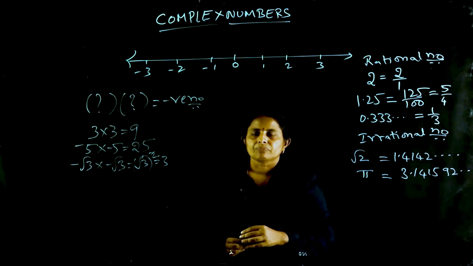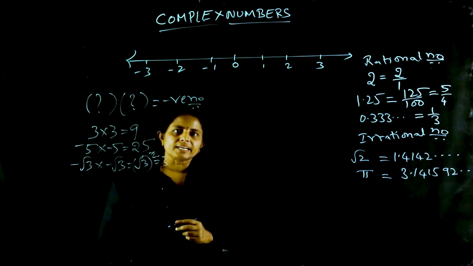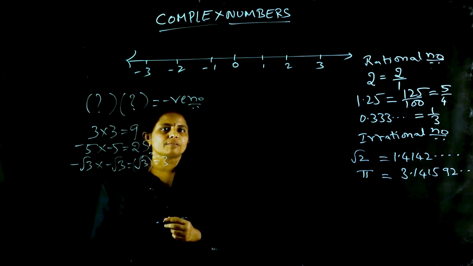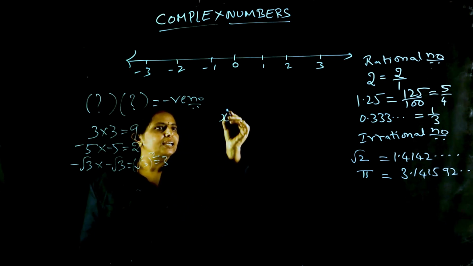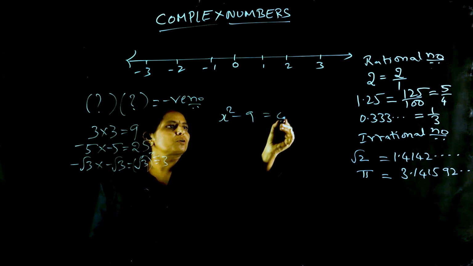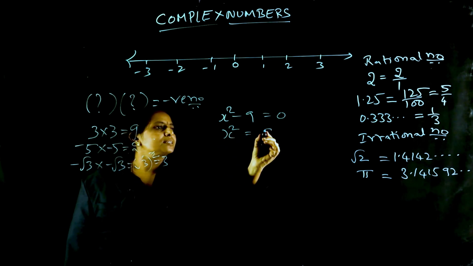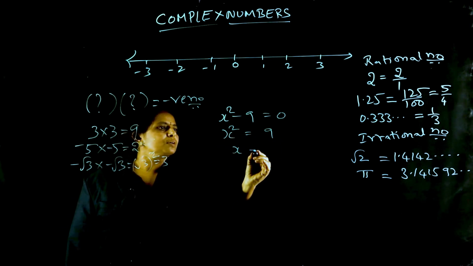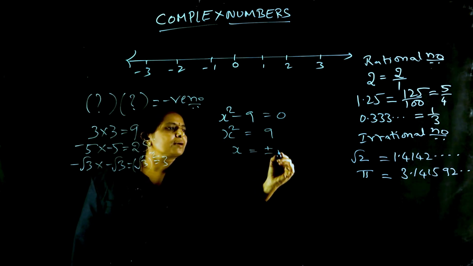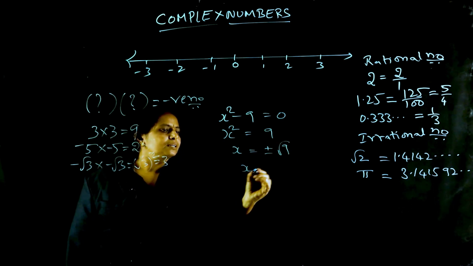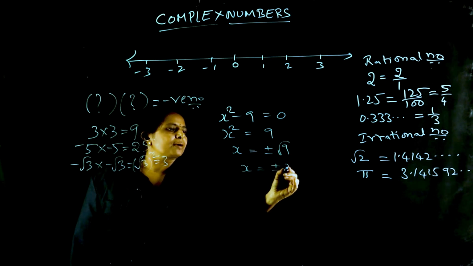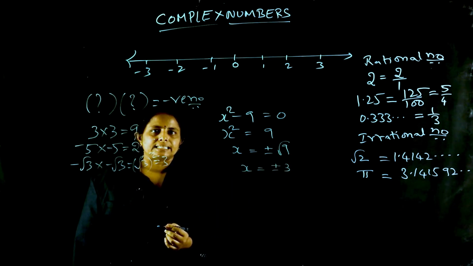So we can conclude that the square of any number, whether it is negative or positive, our result will always be a positive number. Now in quadratic equations, we have solved some equations like x square minus 9 equal to 0. If I solve this equation, x square is equal to 9, then x will be equal to plus or minus under root 9. Then x is plus or minus 3.